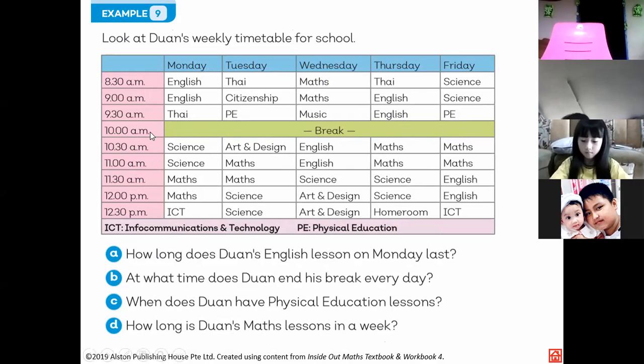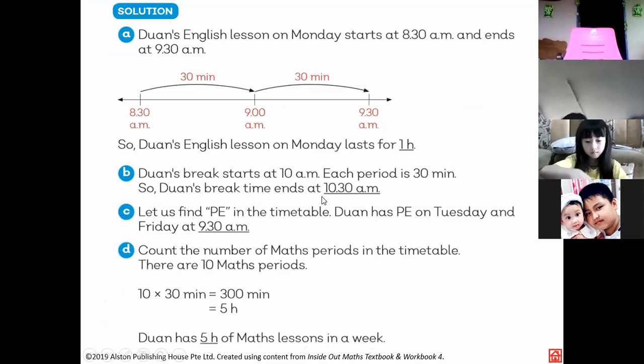He started his break at 10 a.m. and will finish at 10:30. So there's a 30 minutes break. So he will finish his break at 10:30. Okay, let me show you.